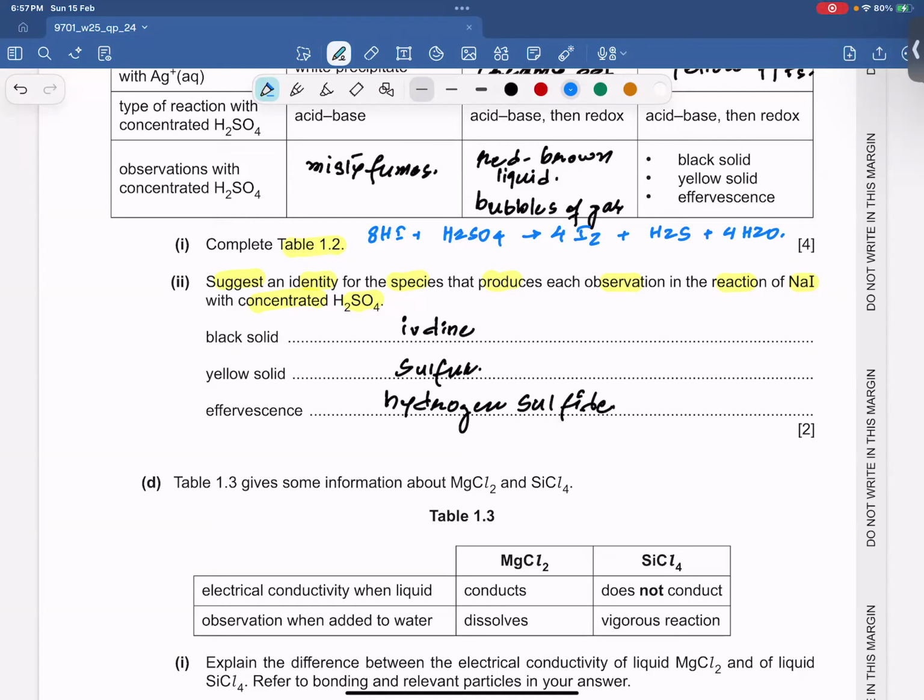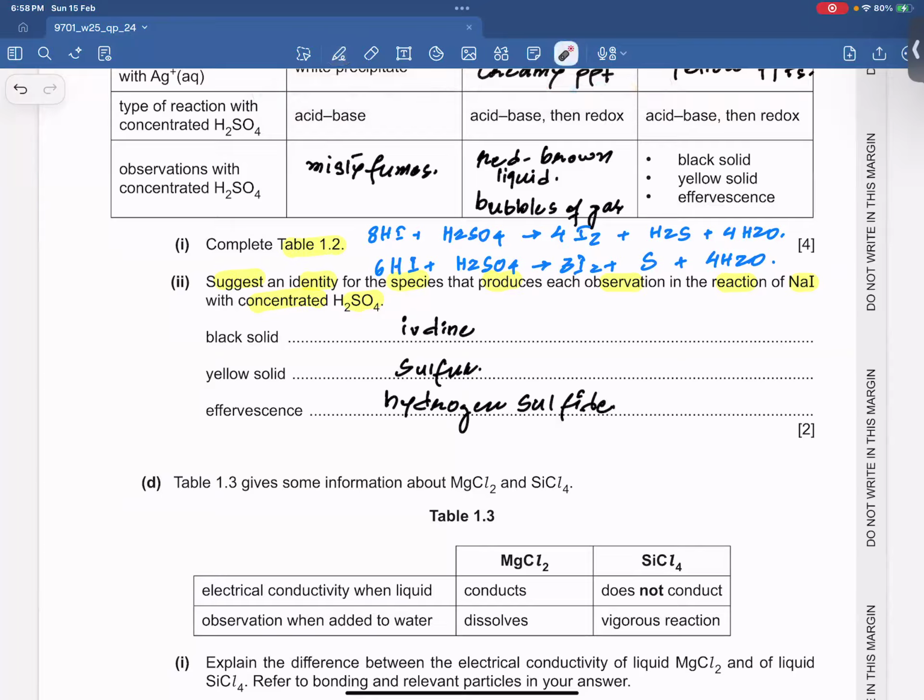When we use hydrogen iodide with concentrated sulfuric acid, we can get iodine plus sulfur, and sulfur shows yellow solid, and 4H2O. So there are multiple equations for this concept, and I hope you get the point. So black solid from here, yellow solid from here, and effervescence of rotten egg smell from here. Okay.